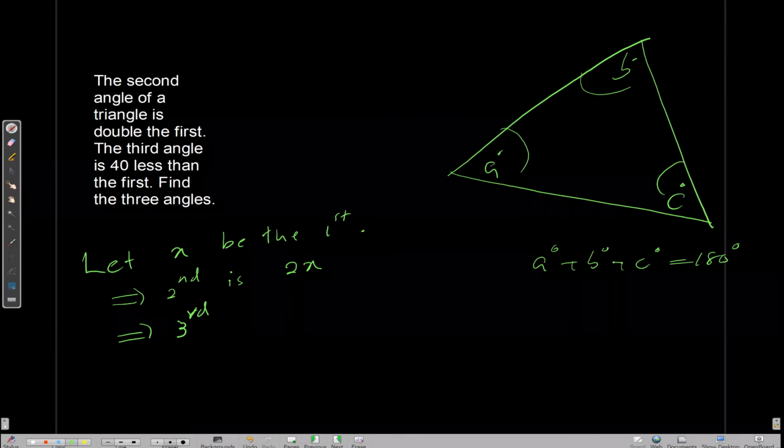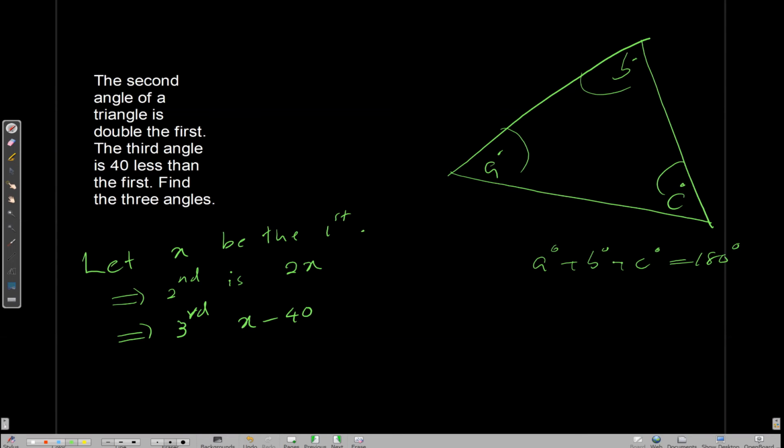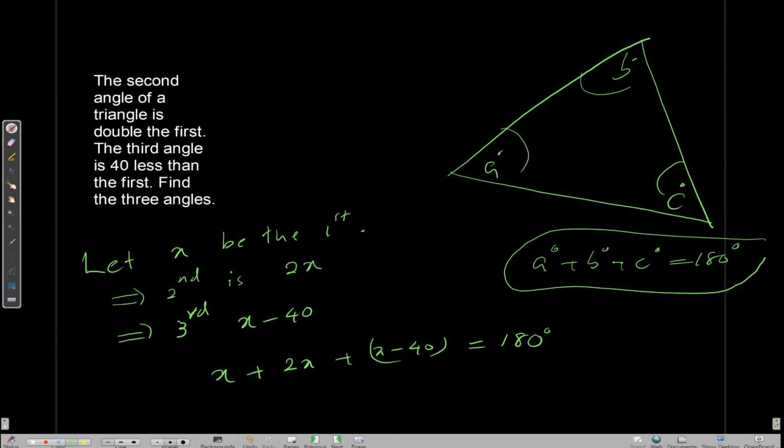So third, 40 less than the first, so x minus 40. Now what you need to do, add these three: x plus 2x plus x minus 40, and that's going to be 180. See, that part is not in the problem, so that's something you are supposed to know.